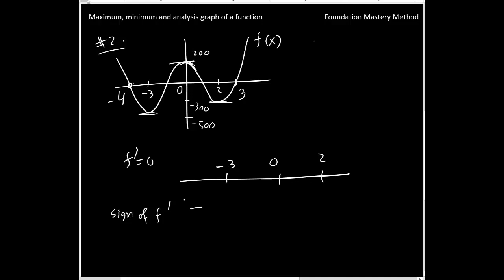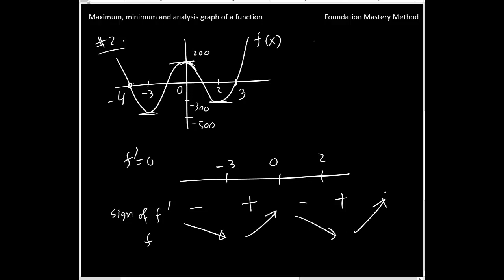So f prime is negative here, and from -3 to 0 the slopes are positive, meaning the derivative is positive. Same way we get a negative here and a positive here. Then we say that our function is decreasing here, then increasing, then again decreasing, then increasing.